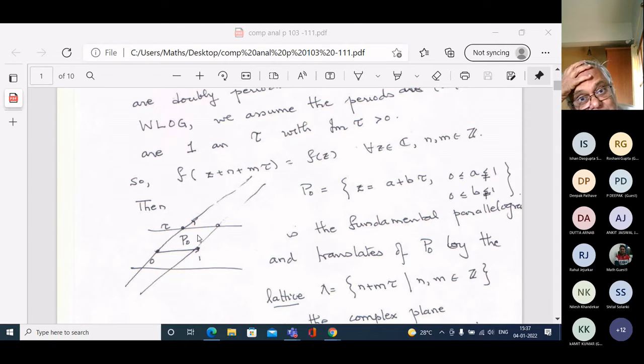So the only case where you're really worried about this is when omega 1 and omega 2 are linearly independent over real numbers, and therefore you can normalize it so that omega 1 is 1 and omega 2 is some complex number τ. The imaginary part is not equal to 0. And then, by just considering τ and minus τ, you can assume that the imaginary part of τ is greater than 0.